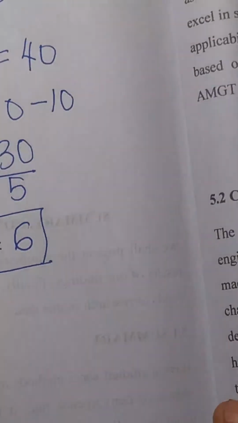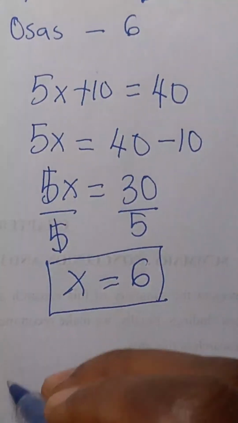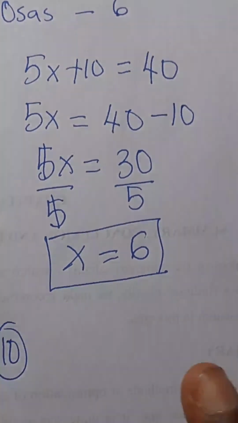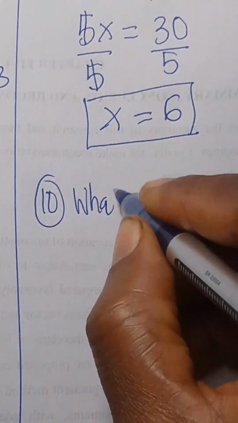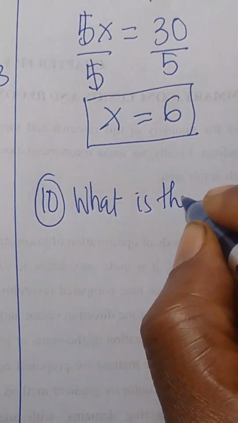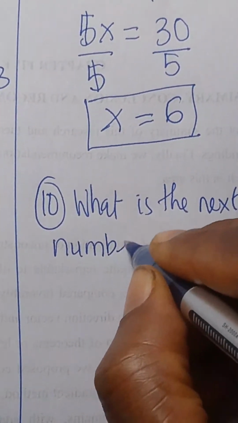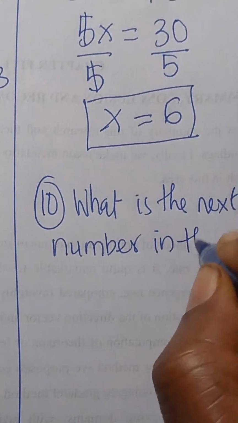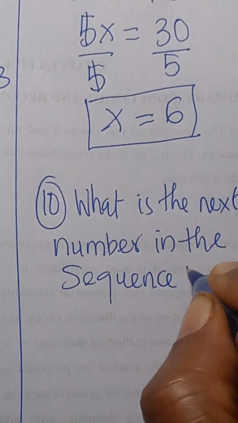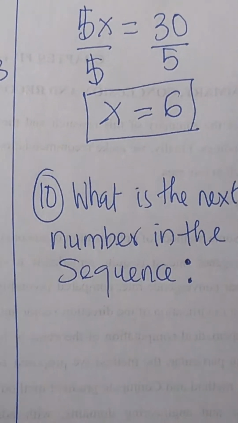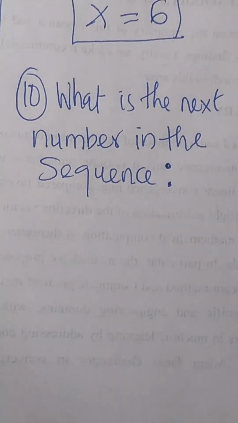You've seen the best way to solve it. Okay, so please, we're on question number 10. The question says, what is the next number in the sequence? So this is a sequence. You're going to study the sequence and see how it is going, and you're going to tell me the next number.